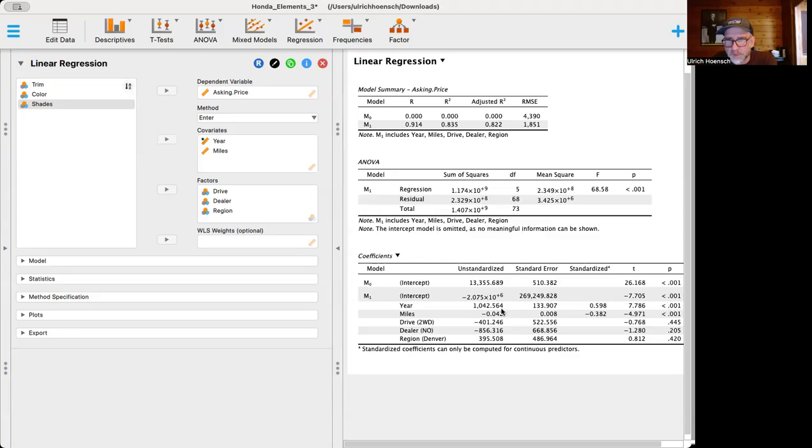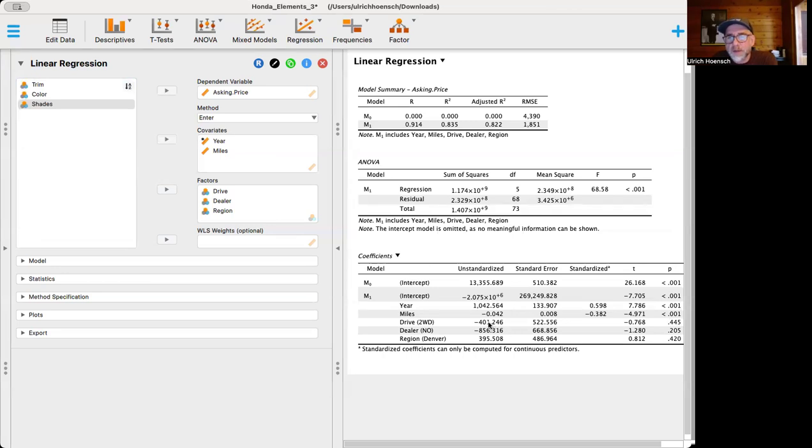In other words, that's a real effect that year has on asking price. Similarly, for miles, we have a negative number because we expect the asking price to decrease as miles increase. The model tells us we have a decrease of about 4 cents for each additional mile, which is again significant. It's not a big number, but it is significant.